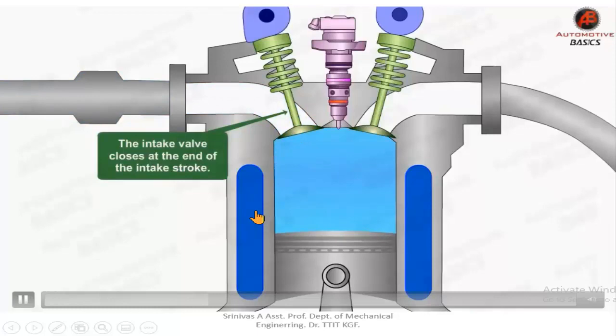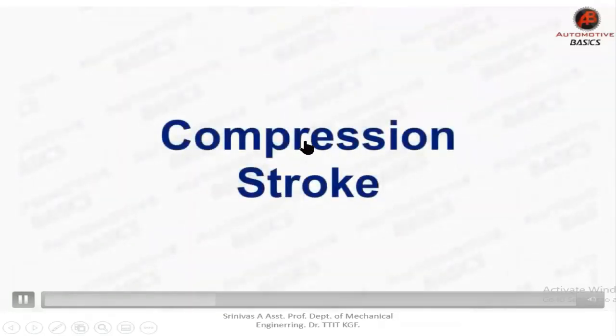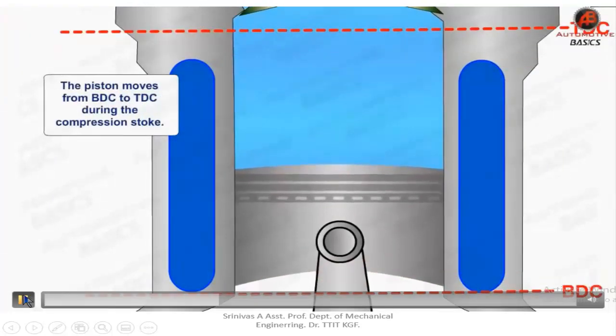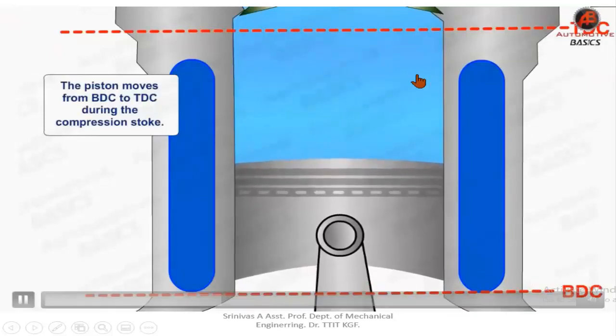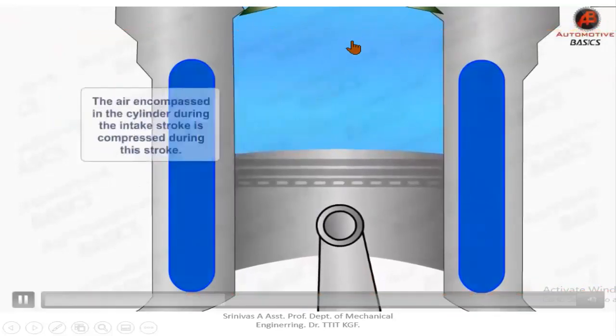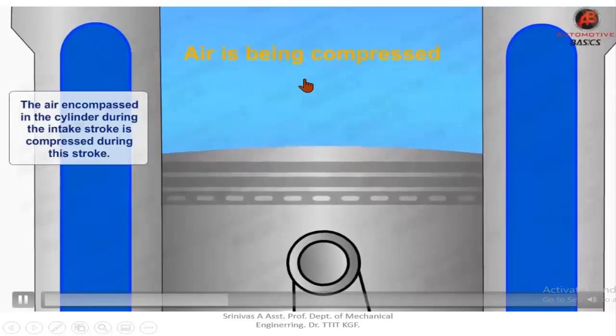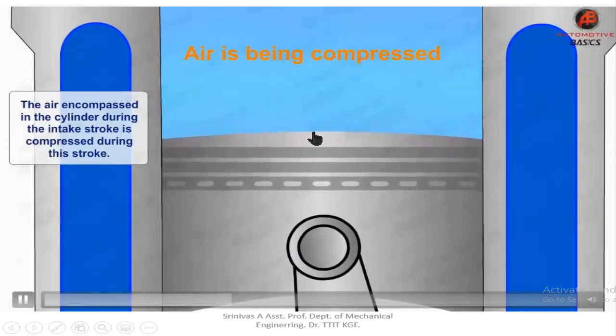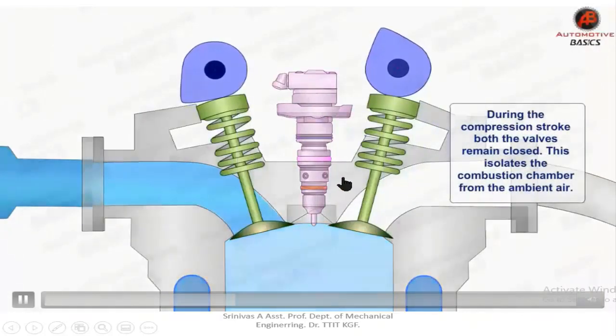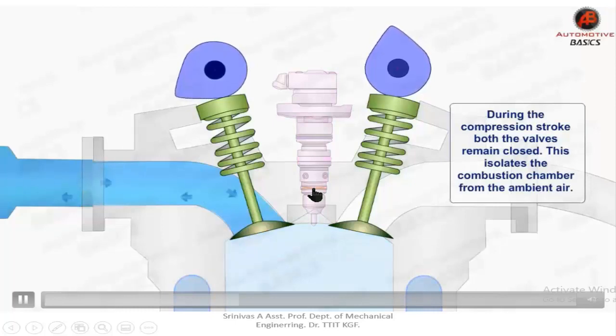The second stroke begins, the compression stroke. Here the piston moves upward from BDC to TDC. During this movement the air present is compressed to high pressure, and the inlet and exhaust valves are closed.